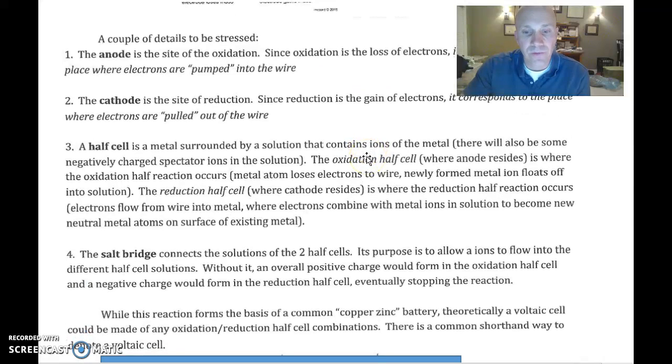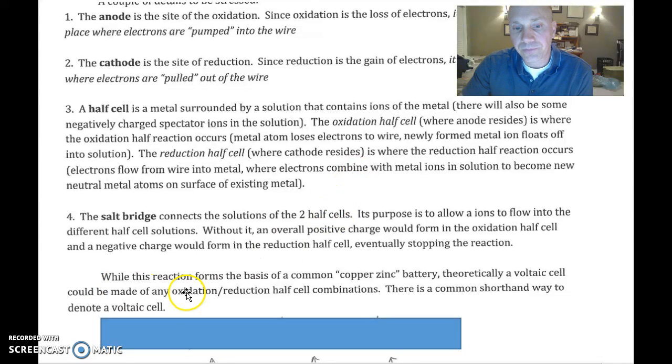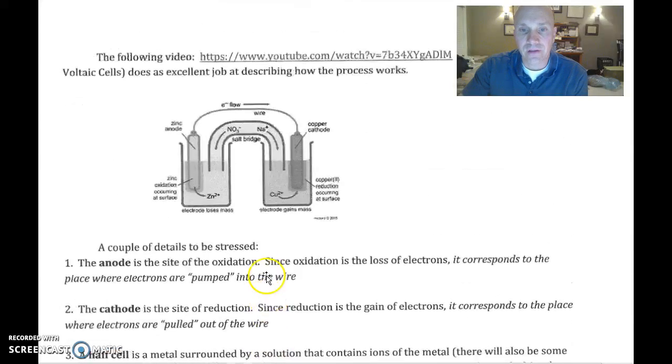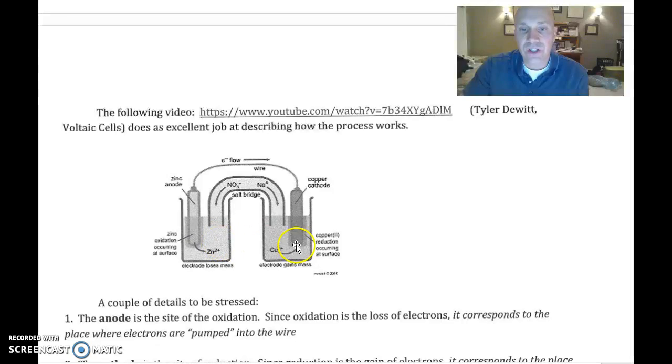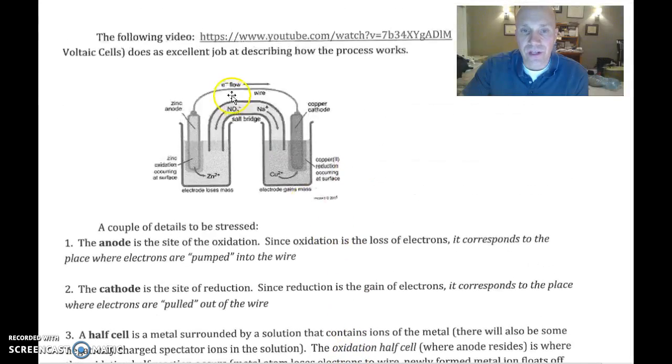All right. So one last thing, whenever talking about voltaic cells, there's a shorthand way to draw this. All right. So even though this particular reaction right here involving copper and zinc is the most famous of all of the voltaic cell oxidation and reduction reactions, we could do this with any oxidation reduction reaction.